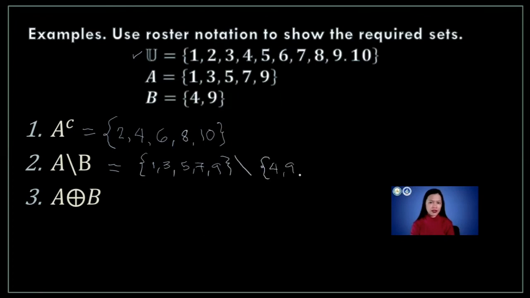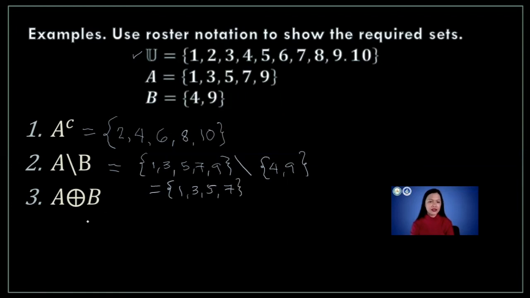I'm using the roster notation so that we can easily see what elements will be left if we are going to take out elements that are found in B. So 4 is not here, so we have nothing to delete. 9 is here, and so the final answer is the set containing 1, 3, 5, and 7.